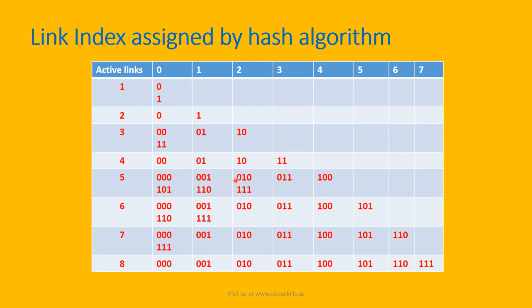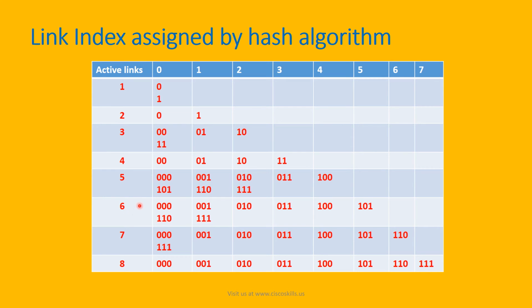If it's 0, 1, 0, link number 2 will be used. 0, 1, 1, link number 3 will be used. 1, 0, 0, link number 4 will be used. But if it's 1, 0, 1, link number 0 will be used. 1, 1, 0, link number 1 will be used. 1, 1, 1, link number 2 will be used.